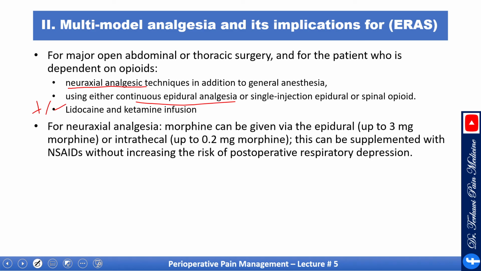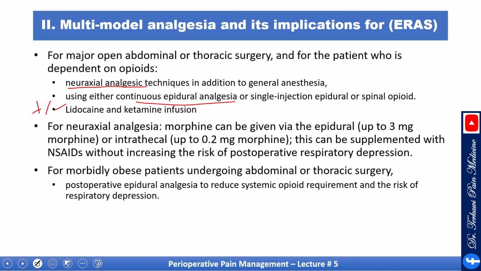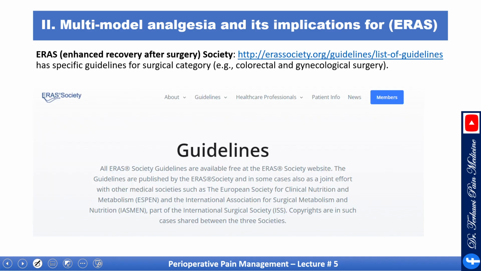For neuroaxial analgesia, morphine can be given via epidural or intrathecal, as we discussed in the previous slides. Don't forget the respiratory depression predictors and risk factors. And now, it's very important to have protocols.